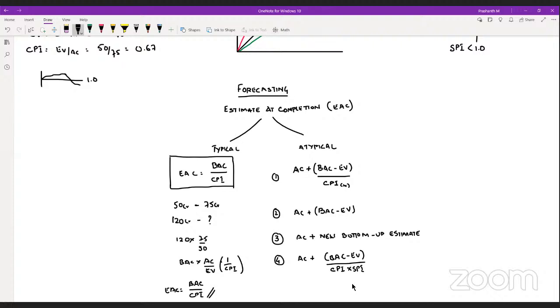In the first two scenarios, we are assuming that SPI is 1, so we are not considering schedule performance at all.